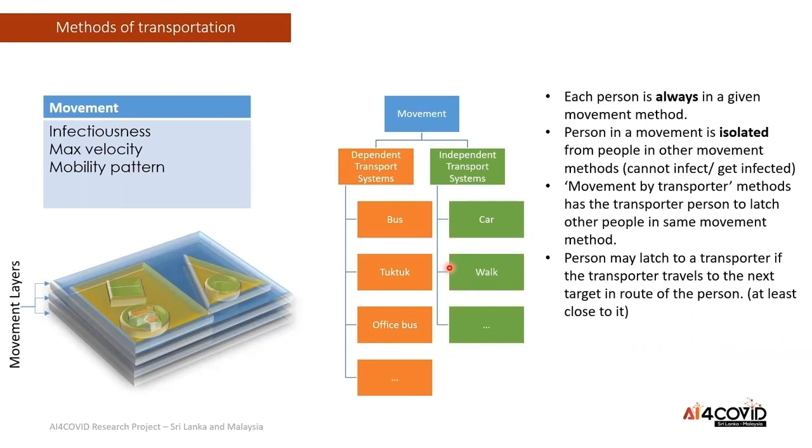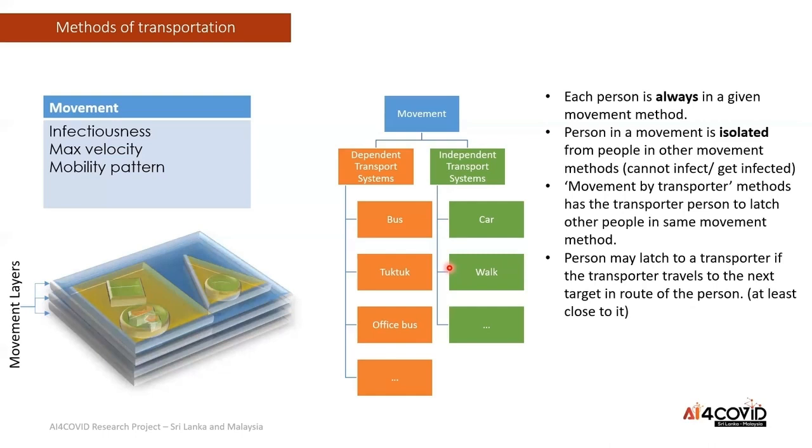But if someone is using a transport system like a bus, he needs to wait until a bus driver comes, and that bus driver should take that person to the destination that he wants to go. So these dependent transport systems have drivers. We call them transporters, and those transporters are responsible for moving the travelers within the environment.